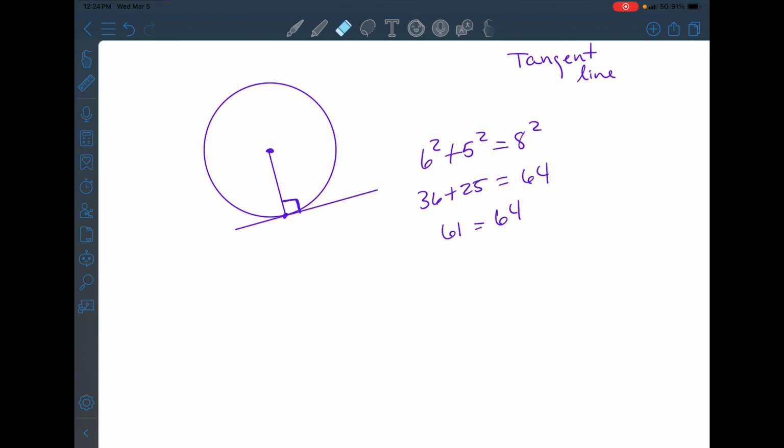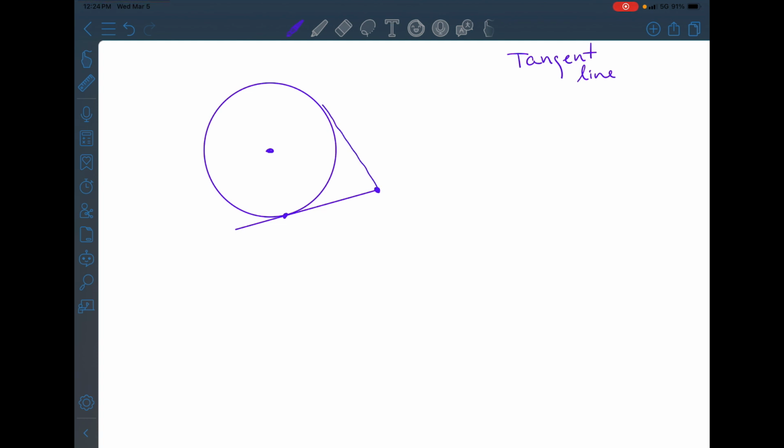The other thing you need to know about a tangent line: we know it crosses at one point, and it makes a 90-degree angle with the radius or diameter that touches at that point. And if there are two tangent lines that come from the same point outside of the circle, then the sections from the point outside of the circle to the points of tangency are the same amount.